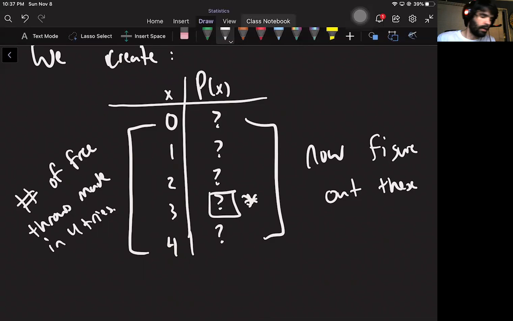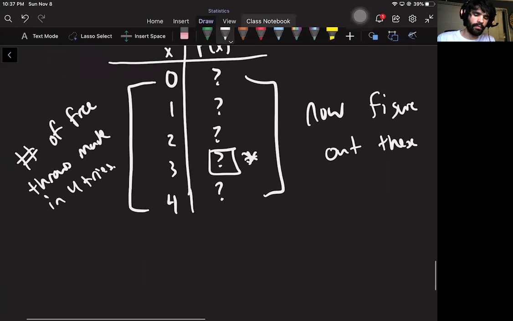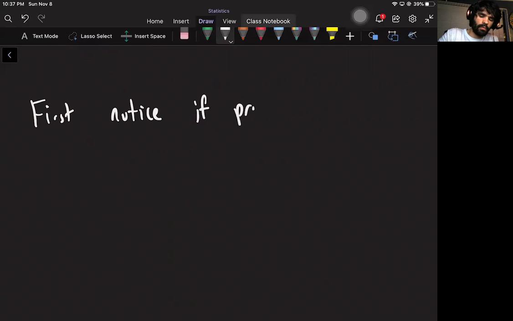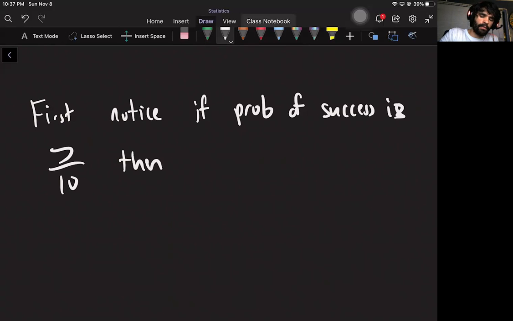Okay, so let's figure these out. That's our next goal. So to begin figuring these out, first notice something interesting that you might remember. If the probability of success is 7 out of 10, then what's the probability of failure?